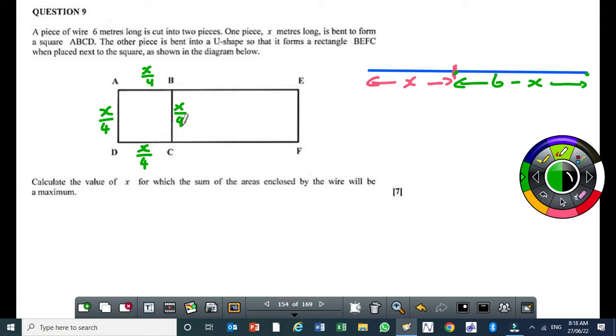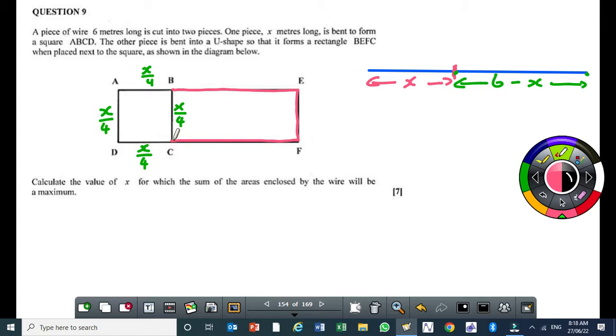Okay, this is a square, so it has to have sides that are what? That are equal. Right? Then the other piece is bent into a U shape. So the U shape now is going to be this one. This will be the U shape. Are you following that?